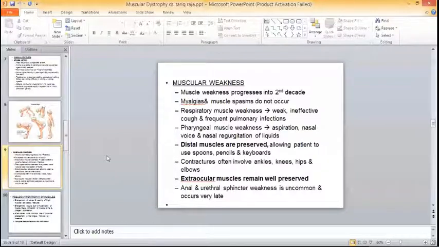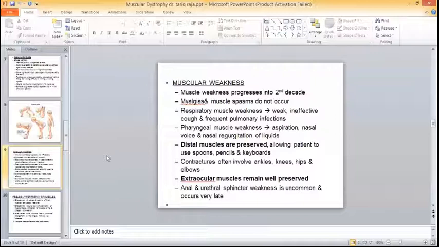So there would be a proximal muscle weakness, usually more evident after 2 years of life, and the patient may present or complain of not walking properly, tiptoe walking, and climbing upon himself, that he cannot use the toilet and things like that.